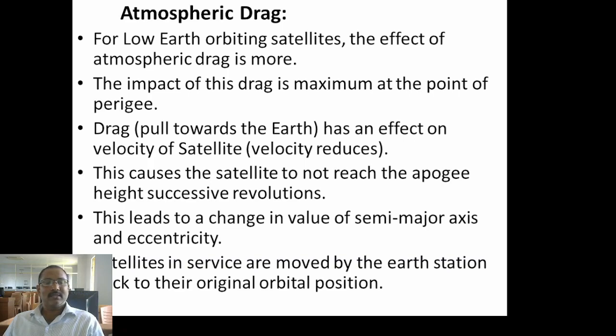Normally the Earth stations move those satellites back to their original orbital positions. Due to atmospheric drag, the satellites shift from their actual positions, so the Earth stations monitor this and move the satellites back to the original orbital position.